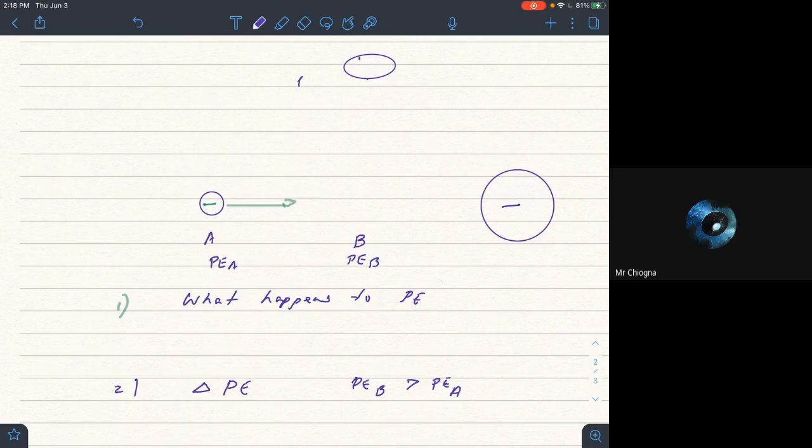So it's similar to lifting this pen up to a higher potential. Okay, how do you calculate the change in potential? You need the VA and the VB, which means you're going to need RB, and you're going to need RA.